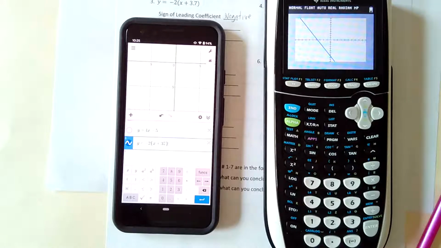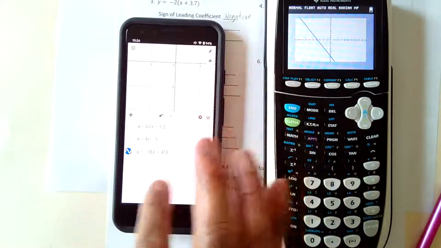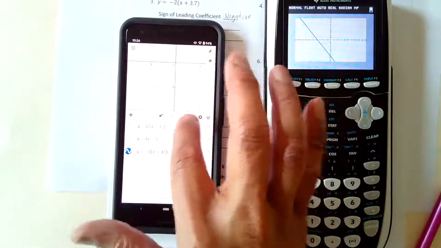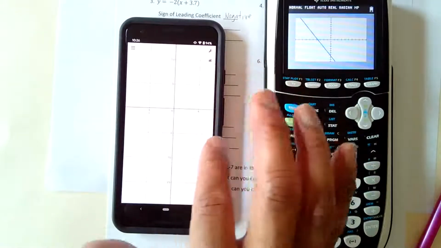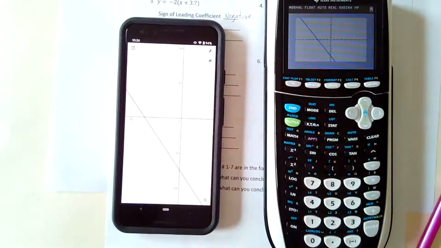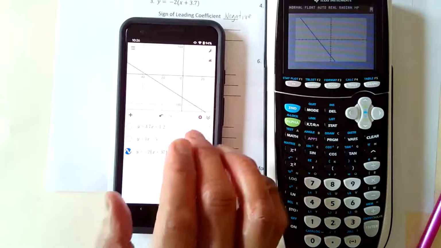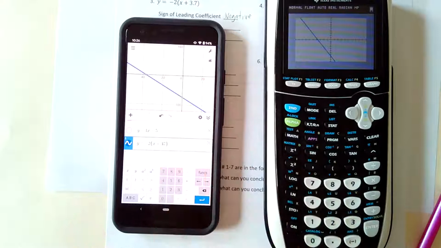Now to see a graph, you press the plus button. Now I just want to show you my graph. Did I put in the wrong number? Oh yes, I did. 3.7.